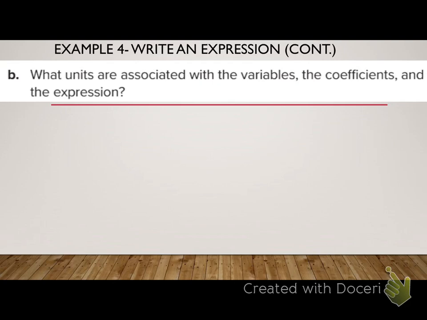Letter B. What units are associated with the variables, the coefficients, and the expressions? So once again, we have 3W plus T. So let's start with the variables. Essentially, what are these variables representing? Wins and ties.